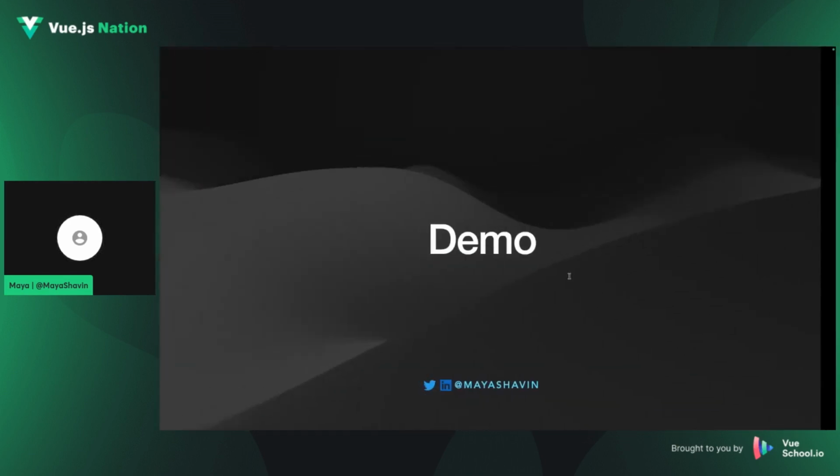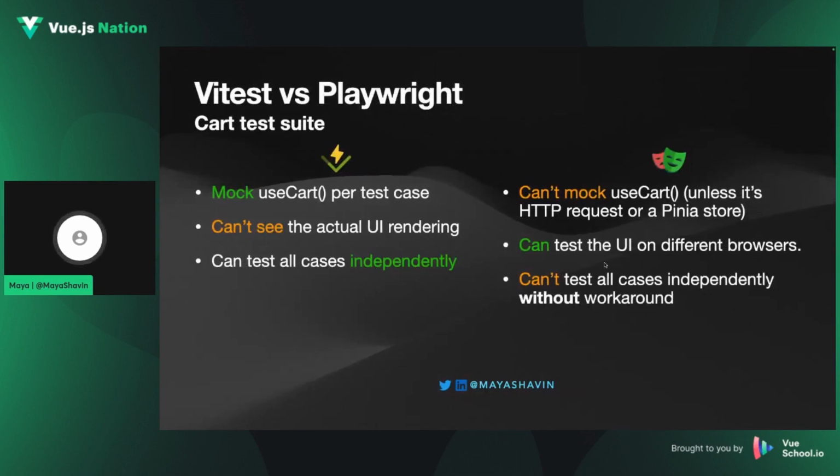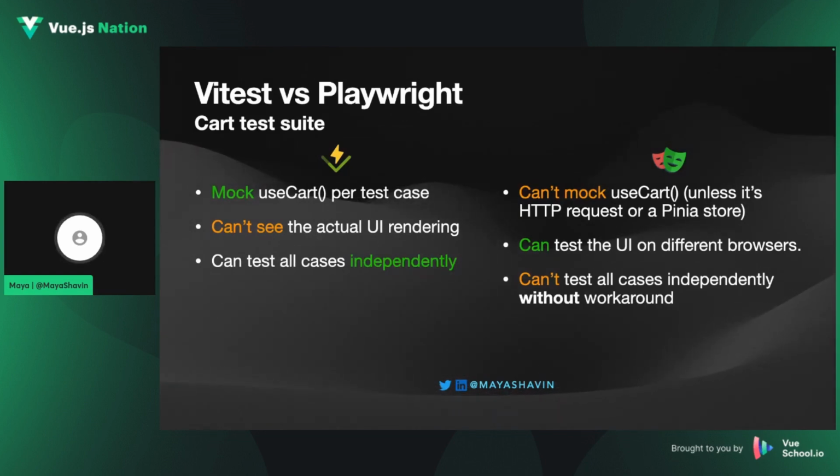So with that, we come down to the comparison here. For Vitest with Test Utils, we can mock useCard according to the scenario we want to test. But we cannot see the actual UI rendering, which means we cannot see whether the card displays correctly, whether when you click on it, it really drops down, not going on top, not going to the left, not going to the right.